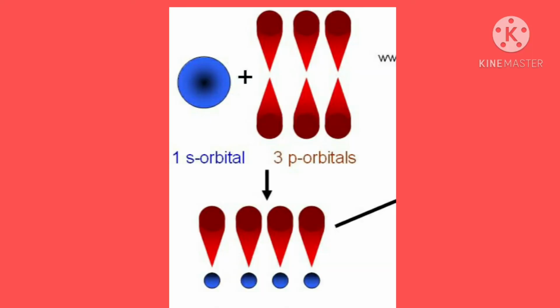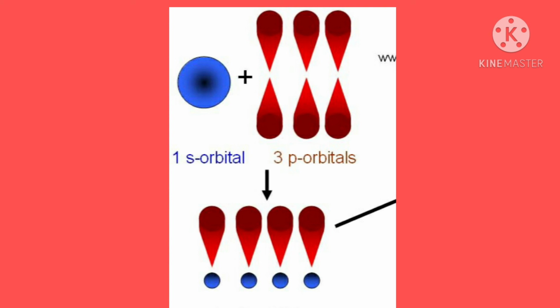To explain this, sp3 hybridization is suggested for the valence orbitals of the oxygen atom. One s orbital, that means 2s, and 3 p orbitals, those are 2px, 2py, 2pz, intermix and redistribute into 4 identical sp3 orbitals. As there are 6 electrons, 2 sp3 orbitals get pairs and 2 sp3 orbitals get 1 electron each.